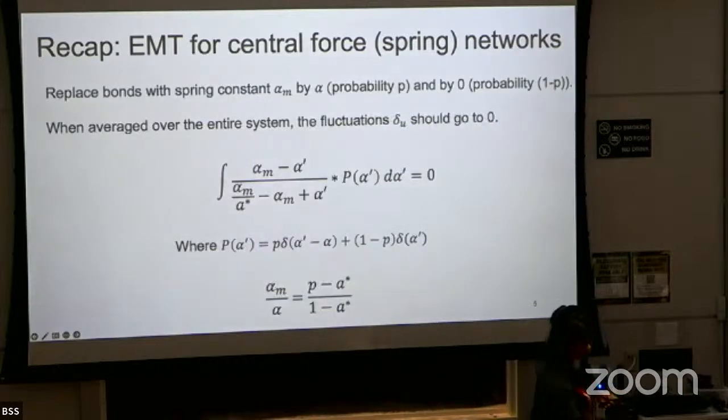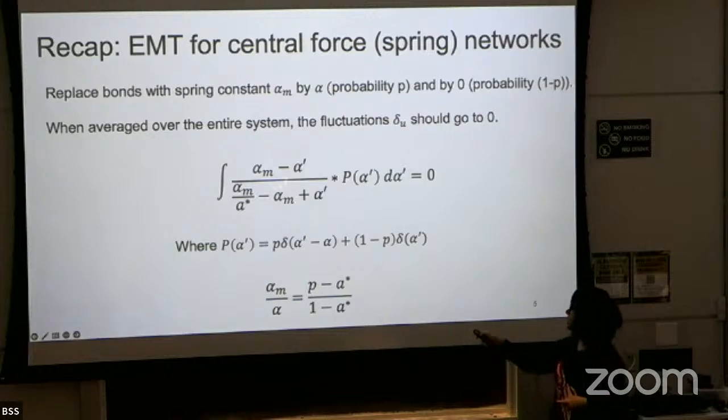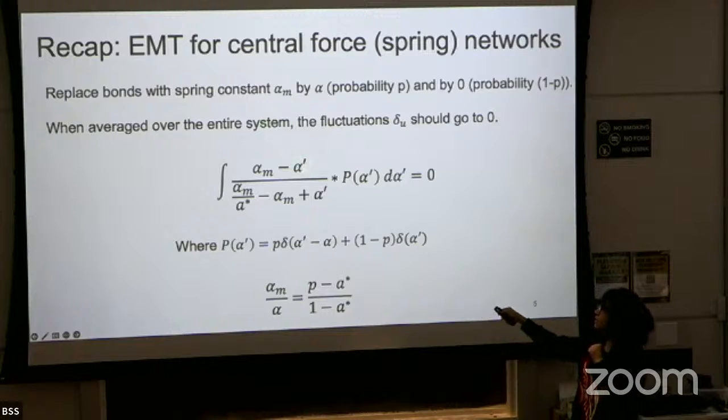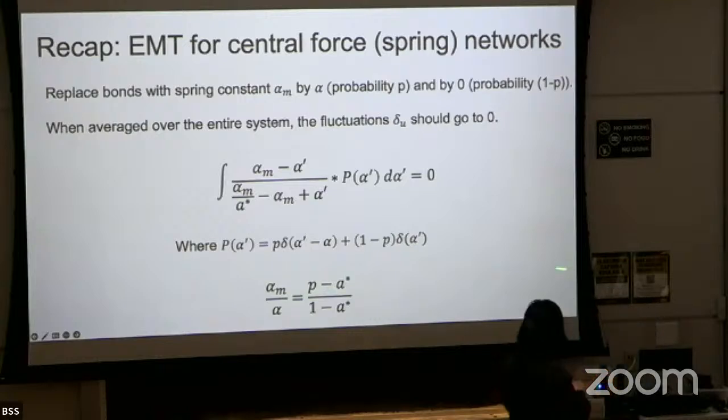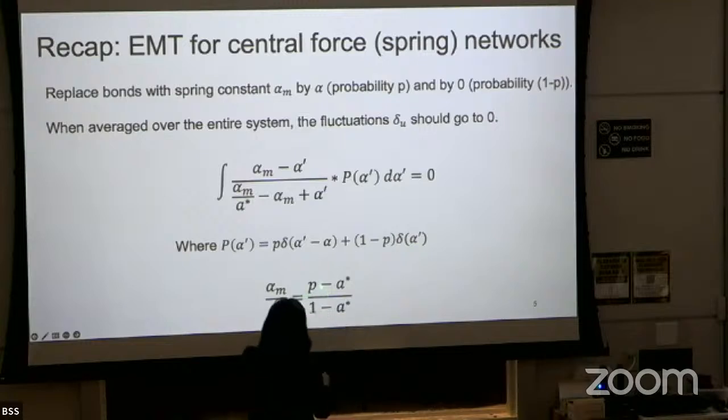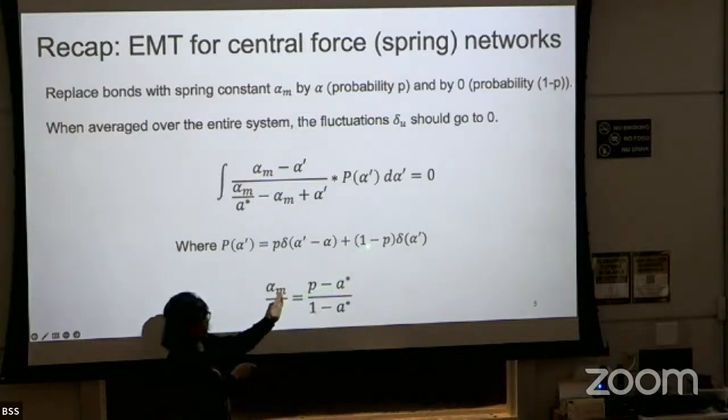All right, so this is what we did. So we get an expression. Basically this term, you can write it as a sum of 2 terms, like I mentioned. One term where you set alpha prime to alpha and multiply by p, and the other where you set alpha prime to 0 and multiply by 1 minus p, right? Then if you reorganize everything, you will end up with something like this, right? And one of the things you can immediately notice is that when p is less than a star, this thing is negative.